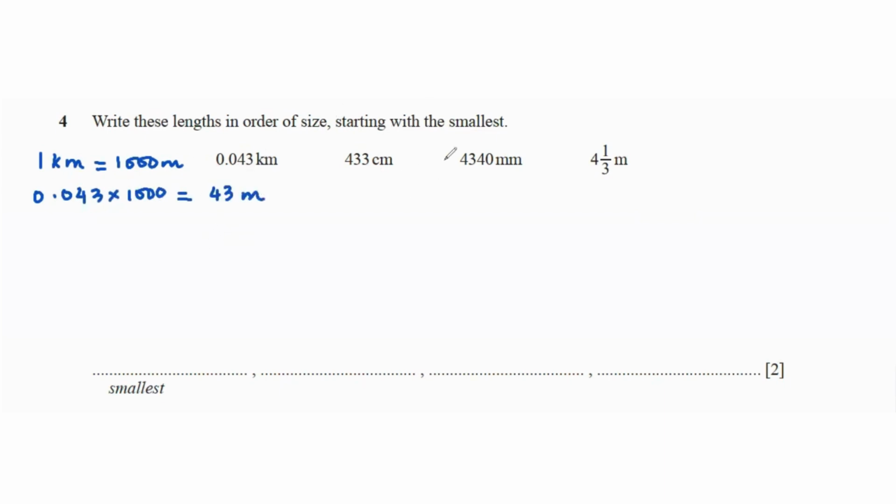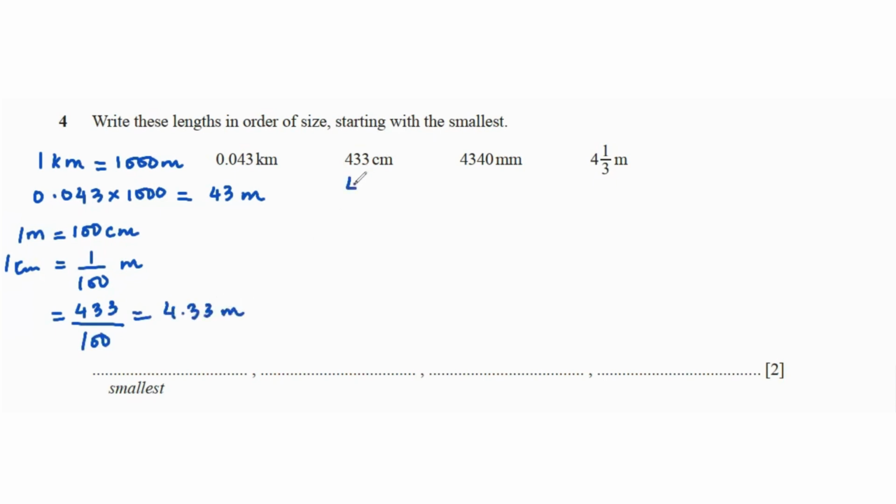Then 433 centimeters. 1 meter is 100 centimeters. So 1 centimeter will be 1 over 100 meters. So 433 over 100 is going to be 4.33 meters. So 4.33 meters for this.